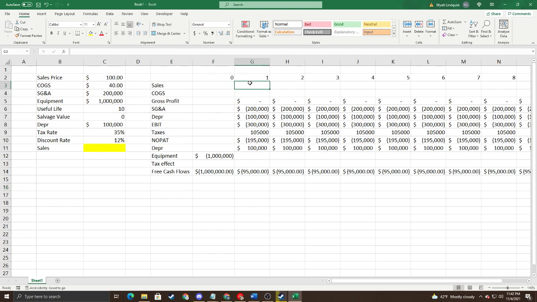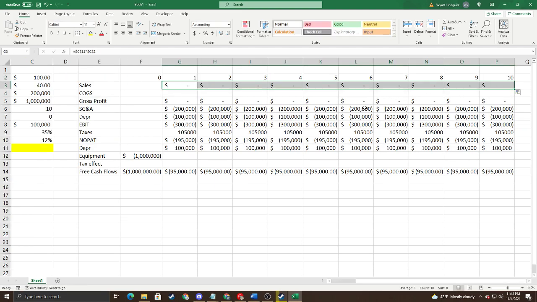And to do that, we're going to set our sales in every year equal to the sales times the sales price, which is right here. And we're going to F4 both of these. And we're just going to copy those all the way across.